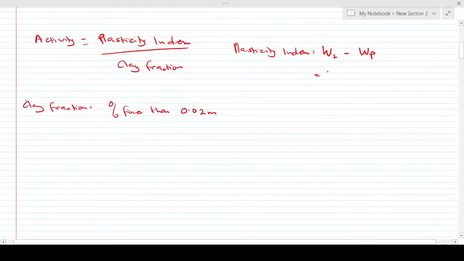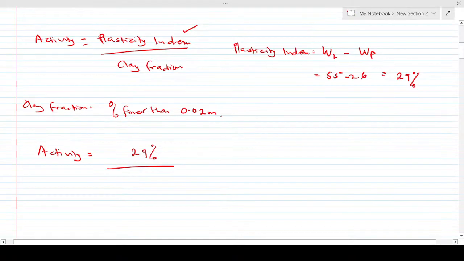So we have 55 minus 26, and this is simply going to give us 29%. So now we know our plasticity index. We have to find our clay fraction, which I said is the percent finer than the 0.002 millimeter. So our activity of the soil is going to be 29% divided by the percent finer.